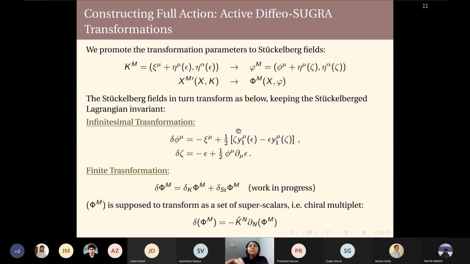Now, even when we were writing the transformation rules for the Stückelberg fields phi, mu, and zeta, the transformations were only infinitesimal up to a certain order in the fields and parameters. But now for the Stückelberg fields also, we need to find what the transformation rule for finite transformations would be. And it's getting a little too complicated at the moment, but we hope eventually we can get some simple expression.